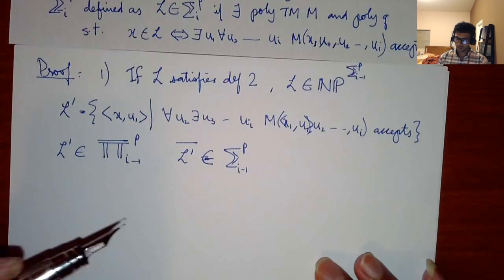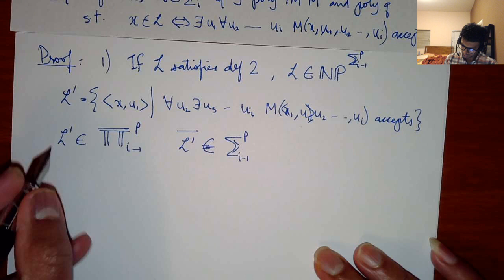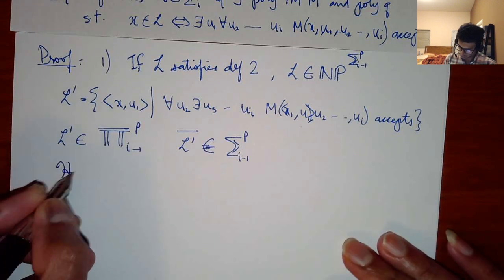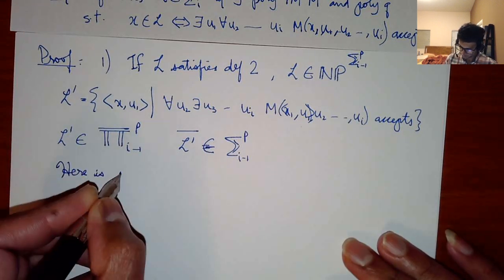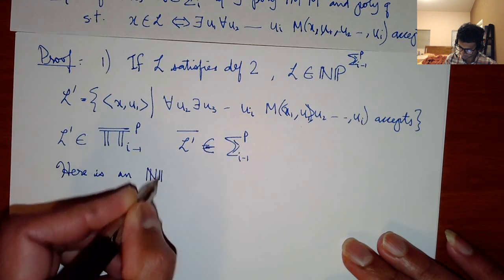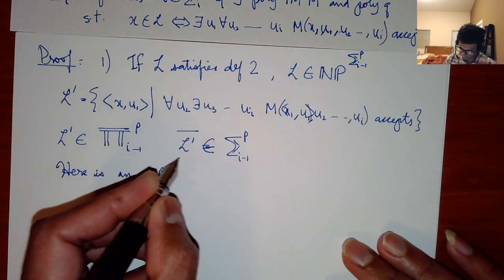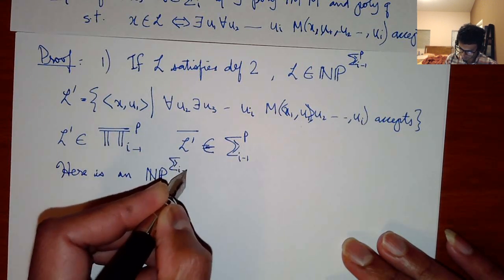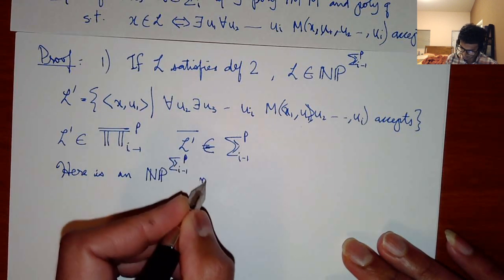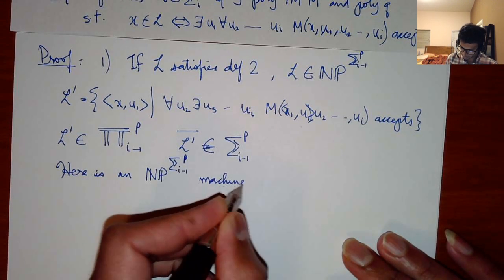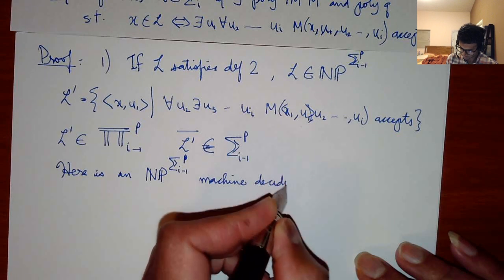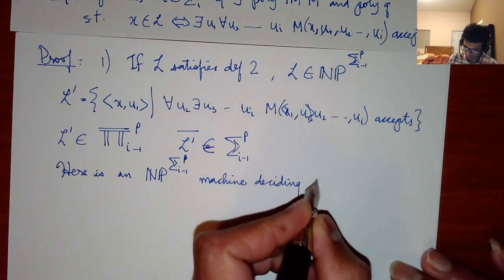So let me just write out an NP to the sigma I minus 1 machine deciding L.